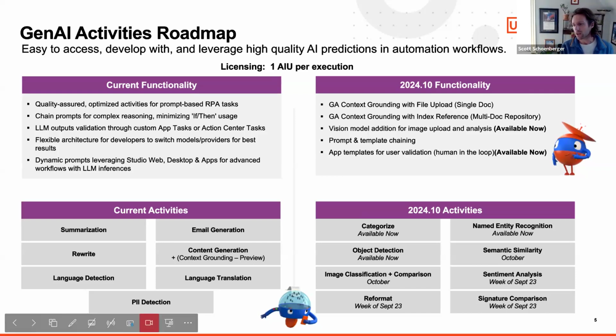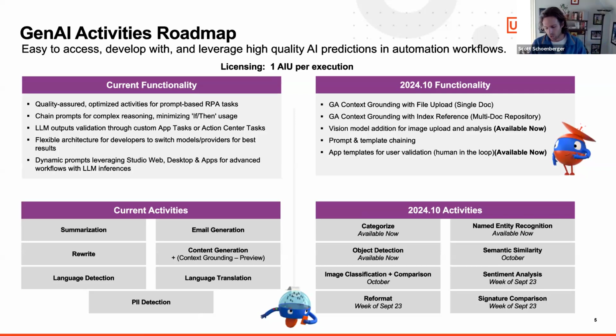Now, all of these curated activities have been quality tested, and we are monitoring the quality ongoing. In other words, we've created an evaluation set and are making sure that the quality of the output is very high. Of course, these aren't totally fail-proof.